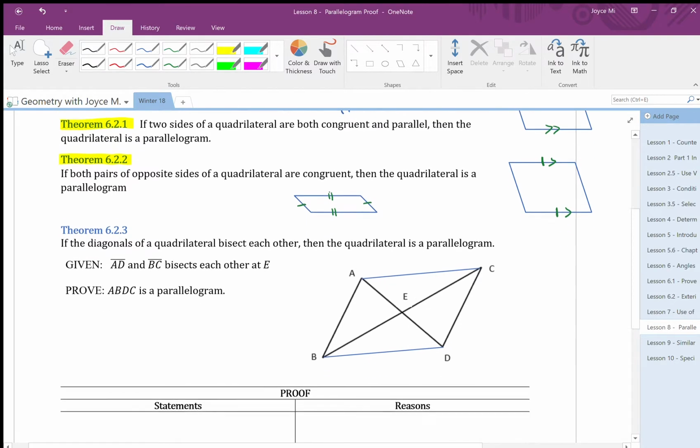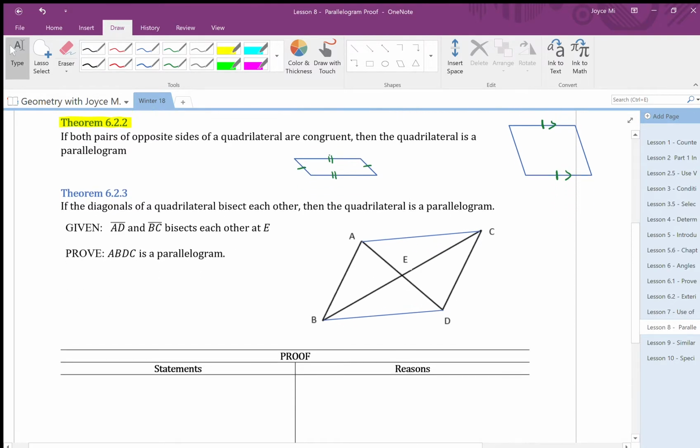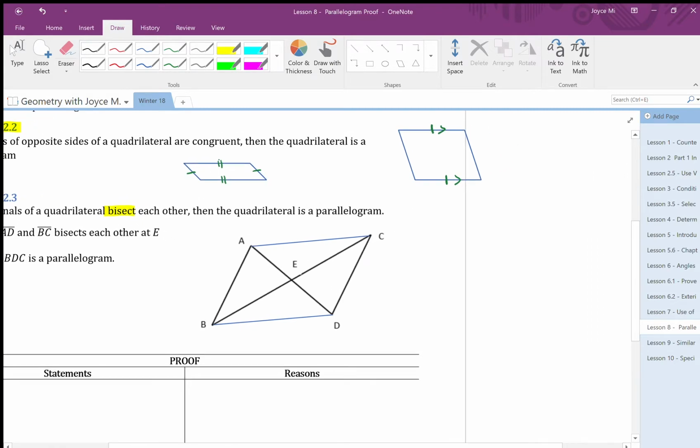Now the third theorem says if the diagonals of a quadrilateral bisect each other, a key word here is bisect. Bisecting means they cut each other into equal lengths. Then the quadrilateral is a parallelogram. Let's draw a picture for that one as well. I have a quadrilateral, and it has two diagonals.